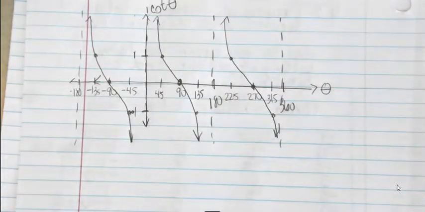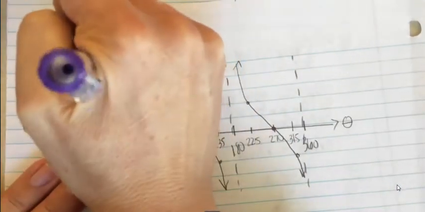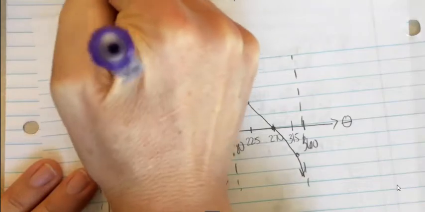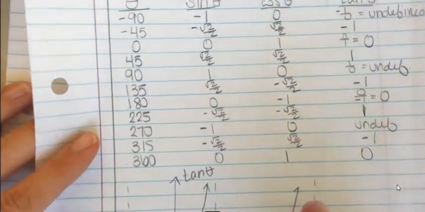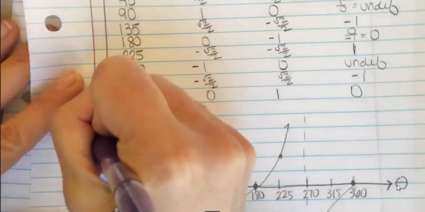Okay, next we'll do the secant graph. Let's go ahead and I'm going to put a title on each one of these, kind of off to the side.